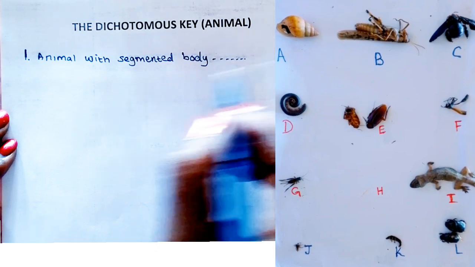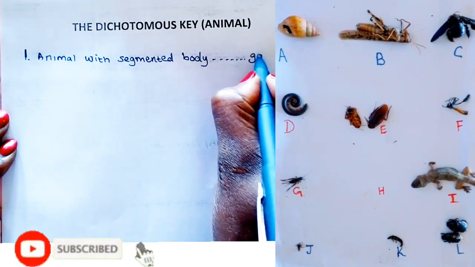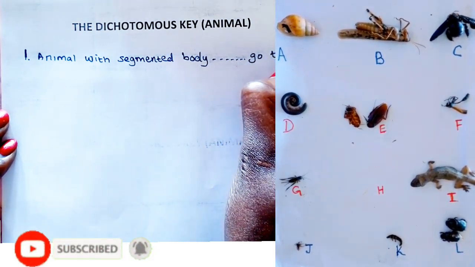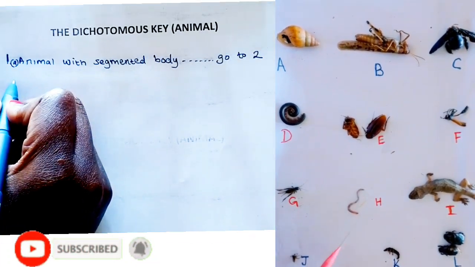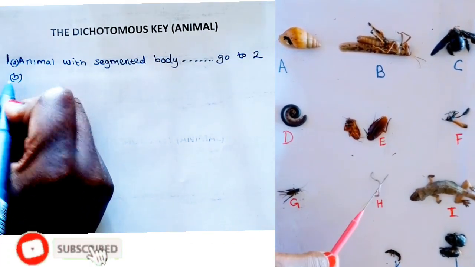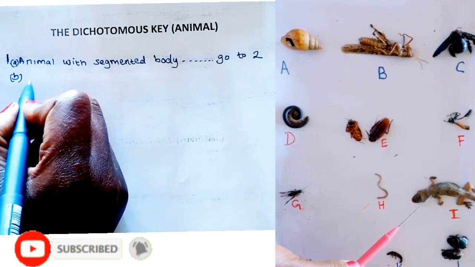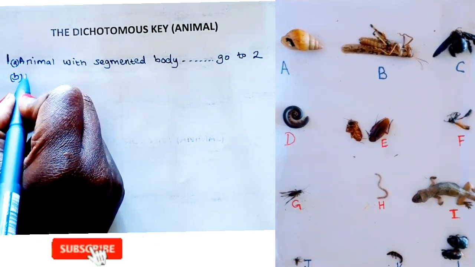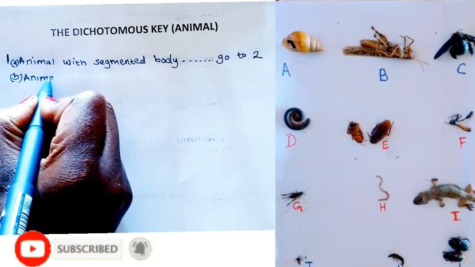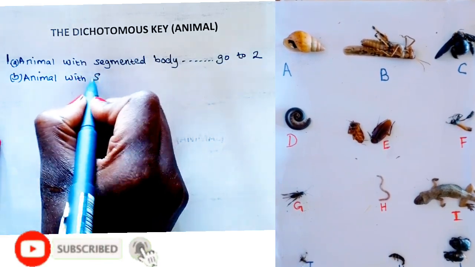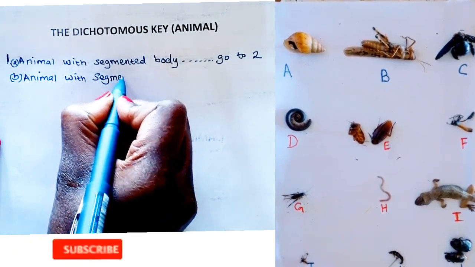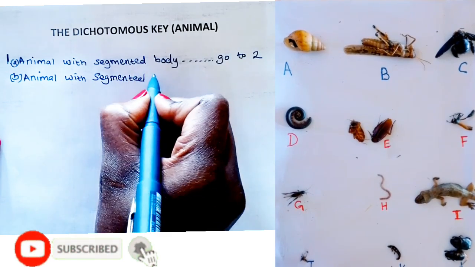So we go to 2. This is A. So B of the first step, animal without segmented body.